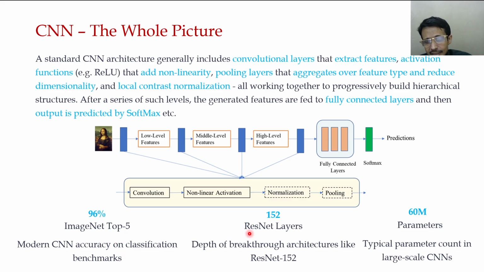And ResNet, which will come in the next lectures, is a very deep structure. The depth of these breakthrough architectures like ResNet 152 means so many layers. And there are 60 million parameters, the typical parameter count in large-scale CNNs. So this is the important thing.